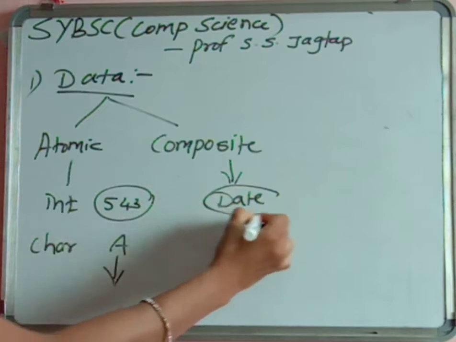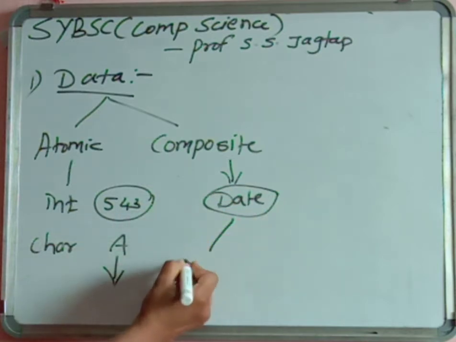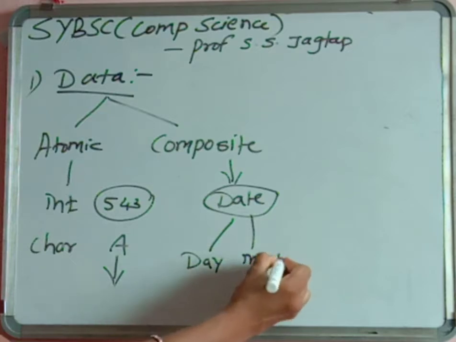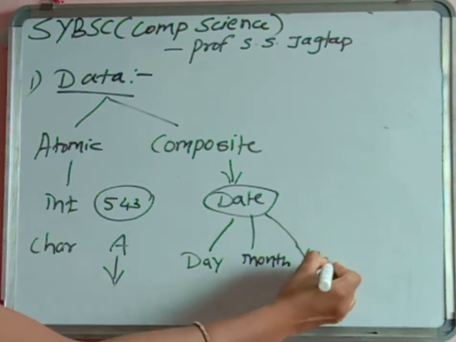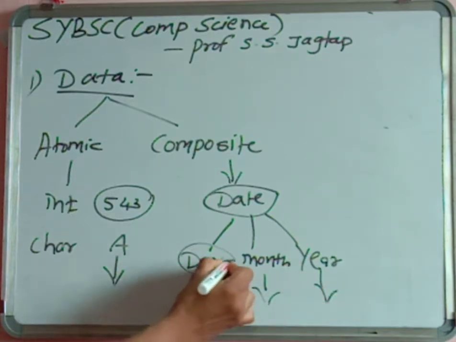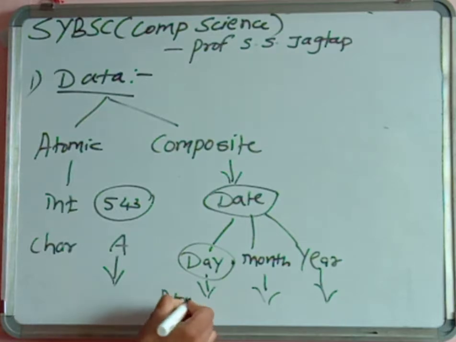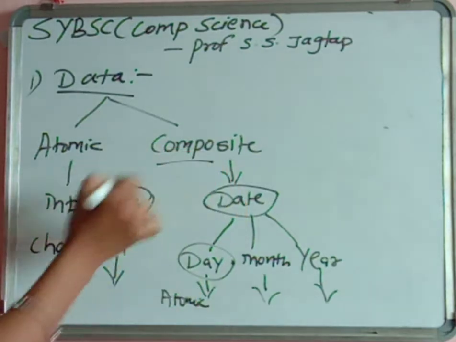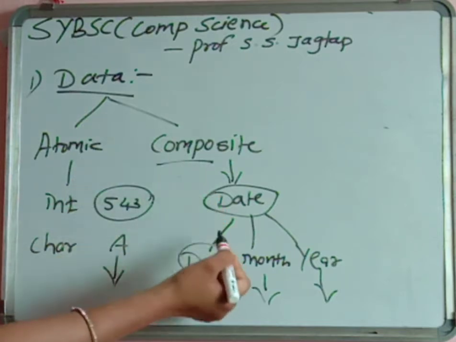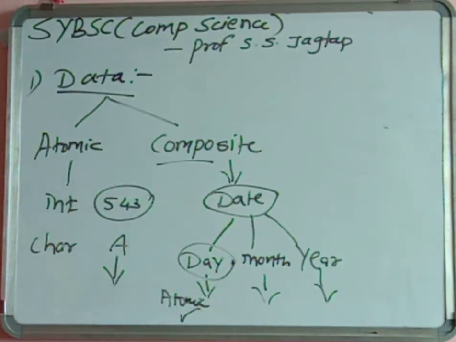This date can be divided in three parts, that is day, month and year. This day, month and year are not further divided. Hence, these are called atomic data. Then the definition of composite data is nothing but what? Further divided into atomic data are nothing but composite data.